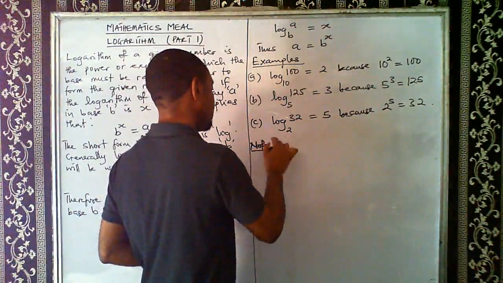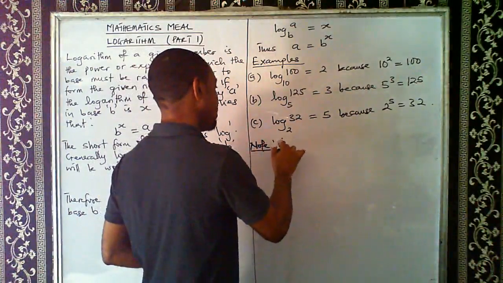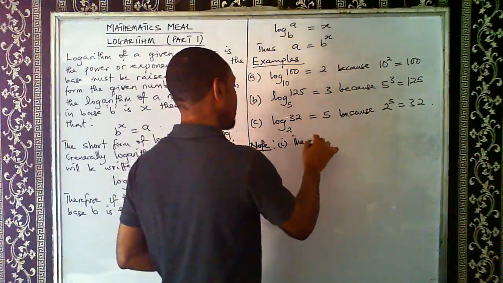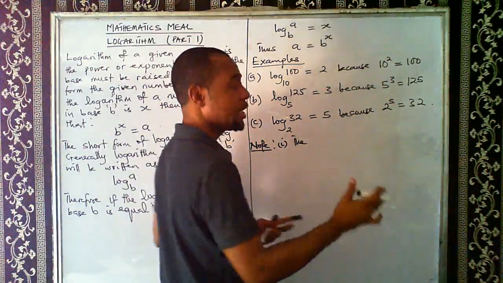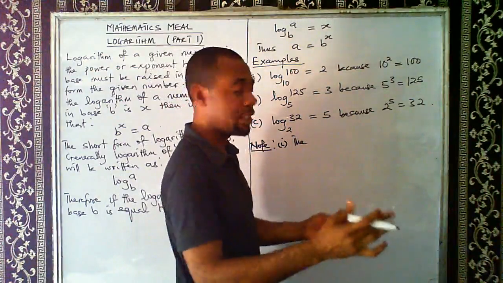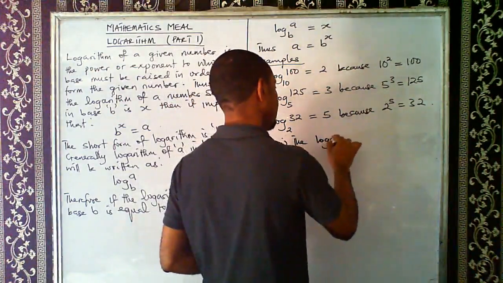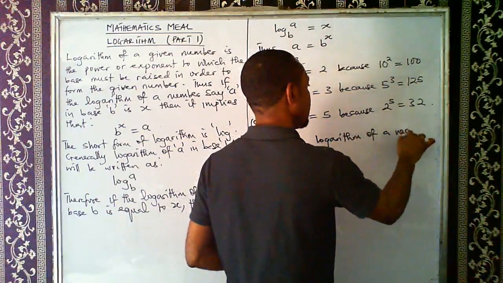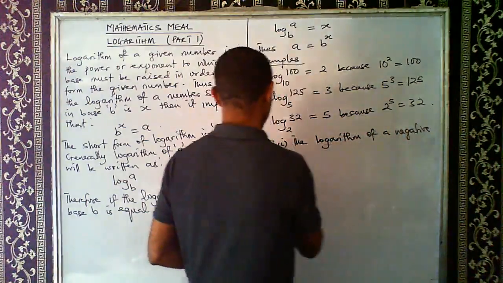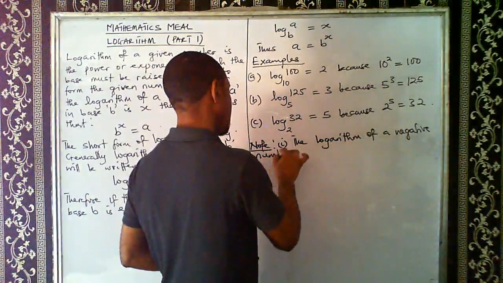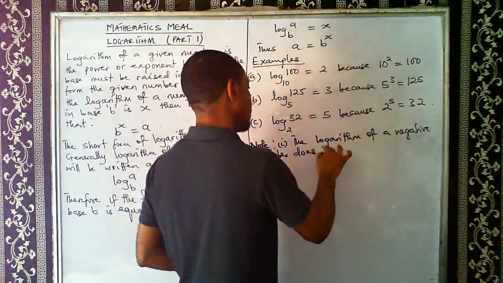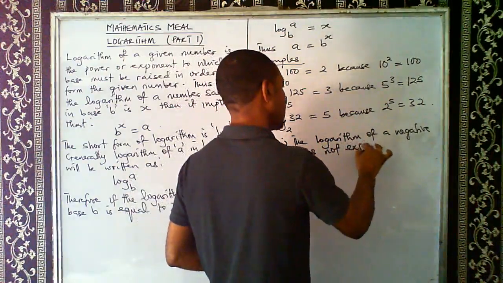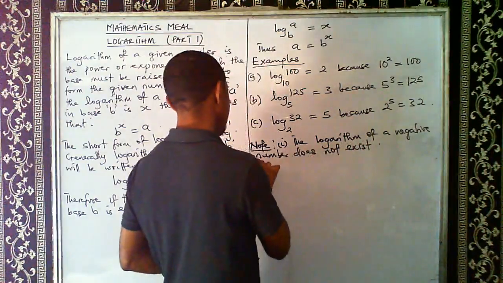The first thing we need to note: the logarithm of a negative number does not exist. That's one.